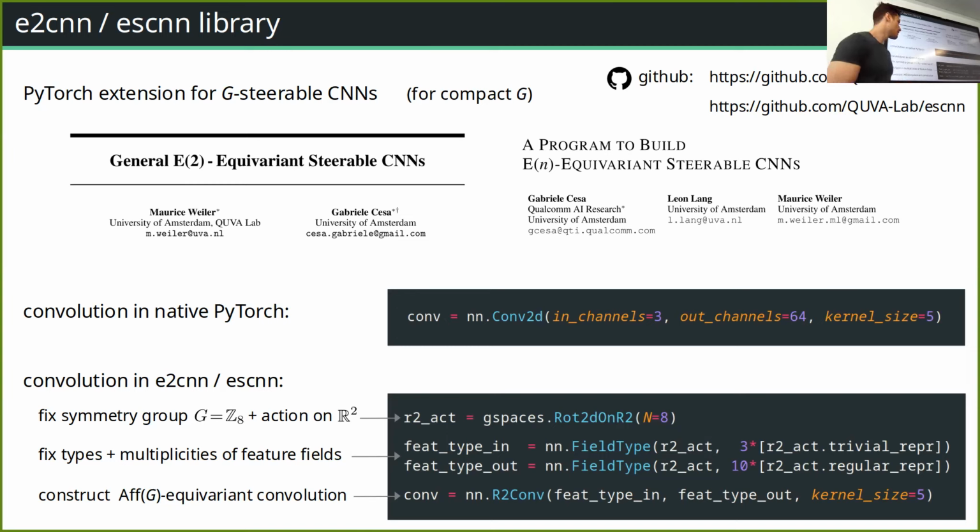We can only use certain field types, but not the regular representation. If we have a discretization in n angles, then we would have n channels, which permute in a certain way. The performance becomes better if you increase n up to a point where it saturates.